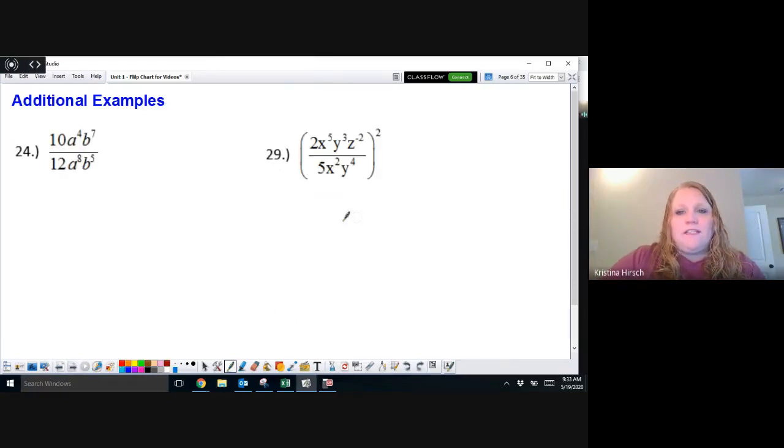Another couple of examples. So these have different terms. We have numbers, we have a's, we have b's. So we have kind of a mix going on here. When you see things like this, you want to work with each one independently, because remember, I can only use properties of exponents, where I'm multiplying and dividing, when the bases are the same.